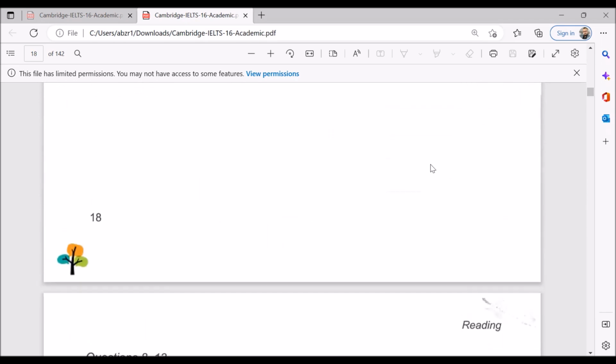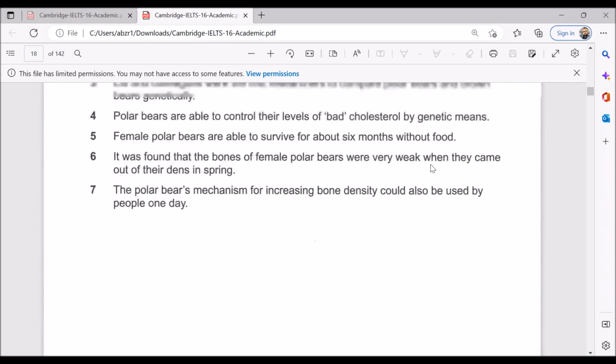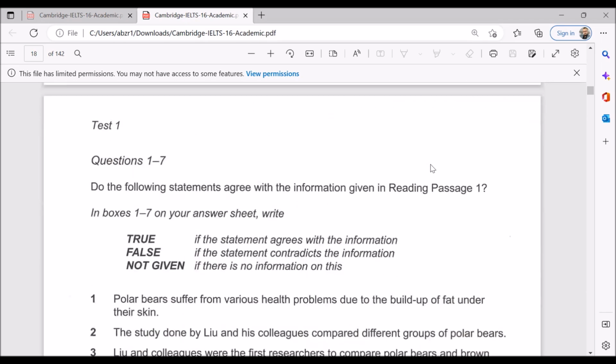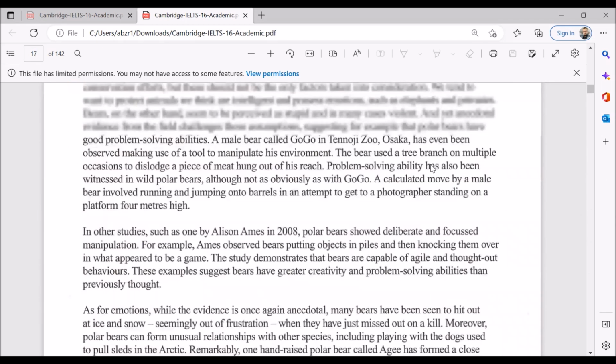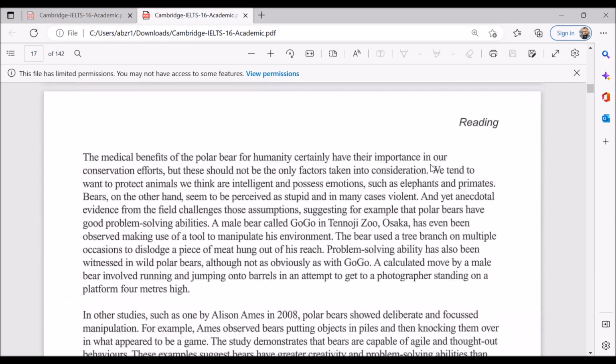They're talking about a drawback, a bad characteristic of the polar bear. Now let's find out what that could be. Let's scan the information in the first paragraph, and the answer should be given before this Tennoji Zoo, because from Tennoji Zoo onward, the answer for question number 9 would be there, and we are looking for the answer for question number 8, and that would be before that. So we have only 4 to 5 lines to select the word.